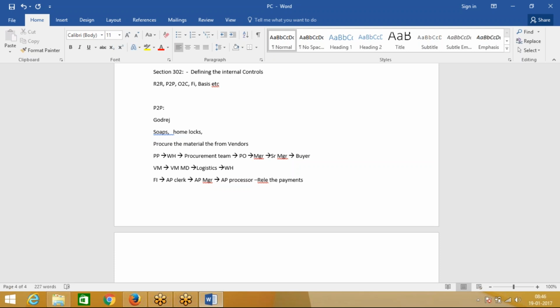Okay, good. We have defined these controls. And how do we know whether this guy is really following this process or not? Most companies will build so many rules and regulations. If you are doing procurement, you have to follow this process. If you are doing sales, you have to follow this process. But it is not sure whether those people are really following the process or not.